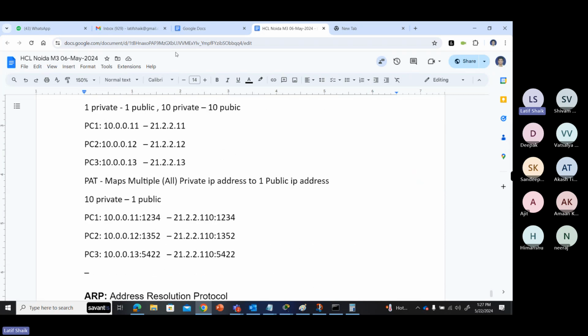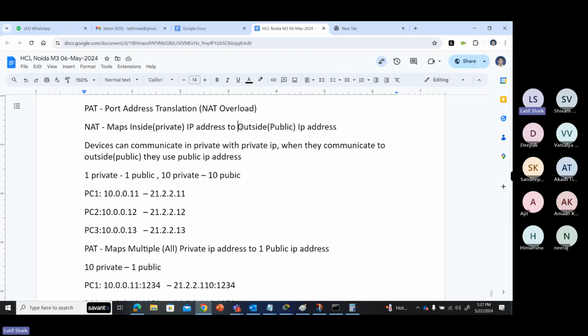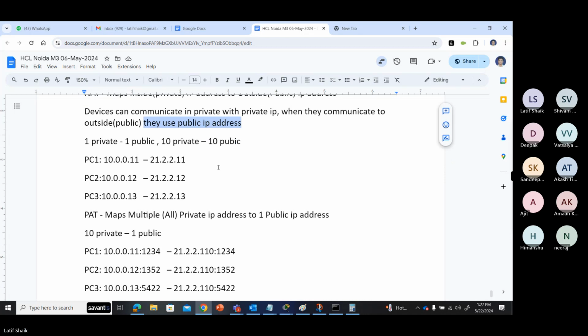I think I have a good picture explanation; I lost that one, and if I find it, I will add it also. Devices communicate in private with a private IP, and when they communicate to public, meaning outside, they use a public IP address.